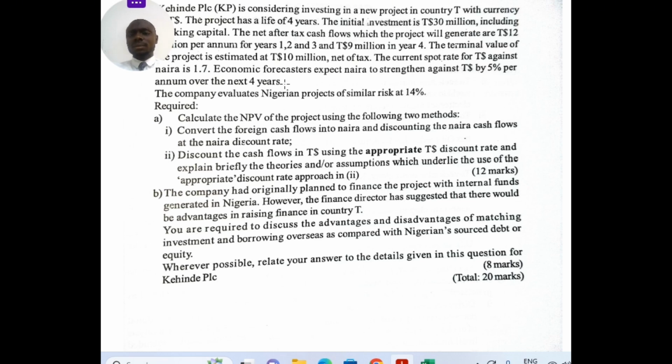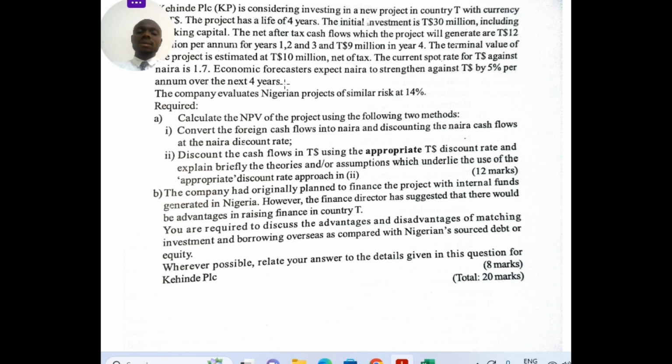What it means is that our Naira is going to strengthen against TS by 5%. So the spot rate given to us is going to increase by 5%.